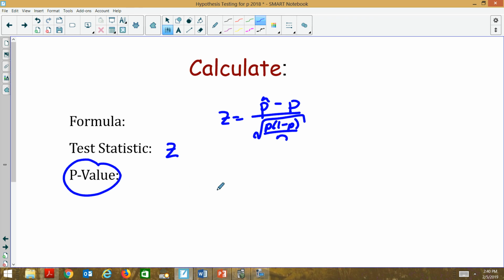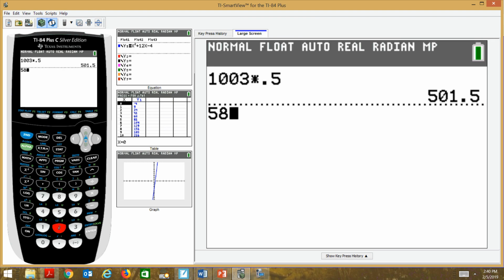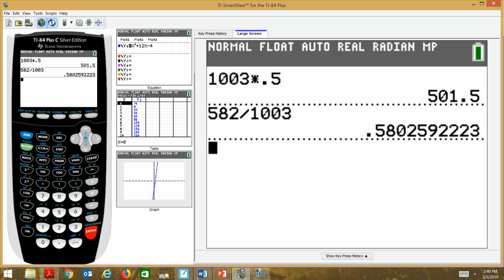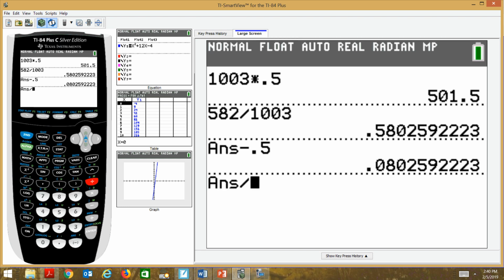So, in this case, we have 582 divided by 1003, which is 58%. We want to subtract 0.5 from that and then divide by the standard deviation. So 0.5 times 0.5 divided by 1003.